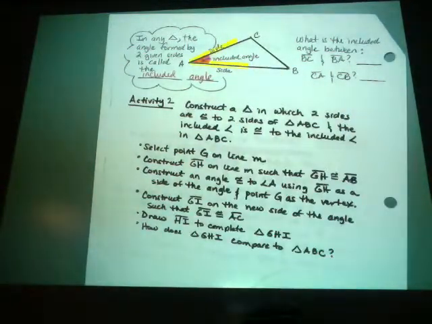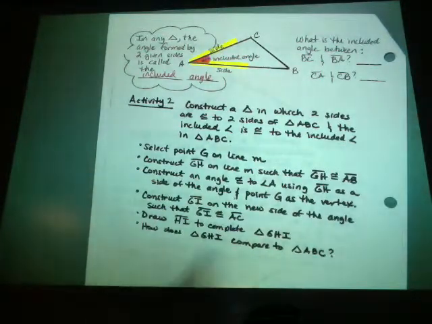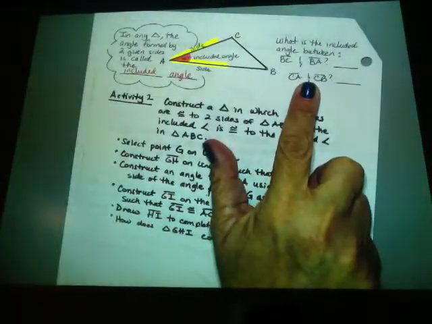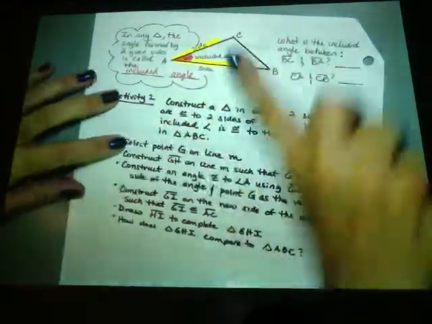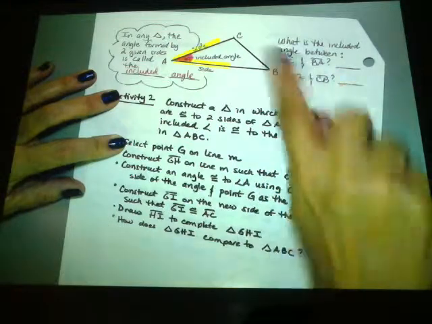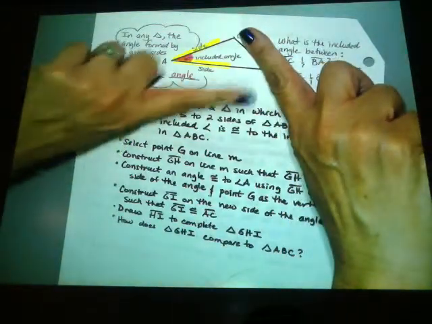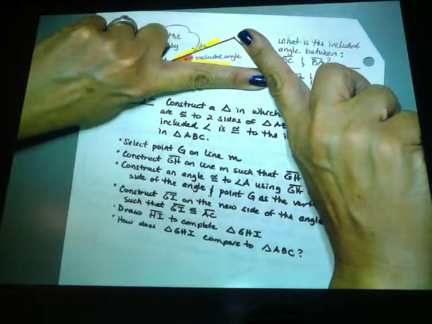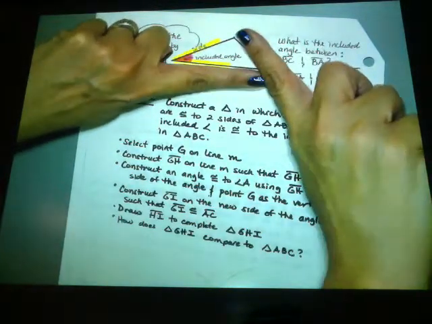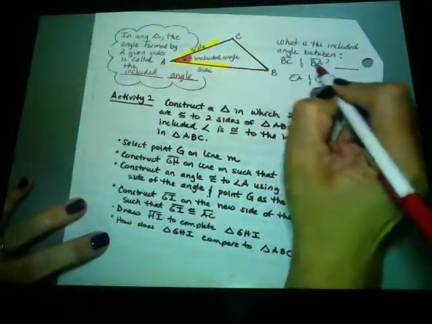So all triangles have 3 included angles because there's 3 vertices. So then answer these questions here. What is the included angle between BC? So here's BC and BA. What's the angle that's formed? Angle B. And notice that they both have B in common, don't they?